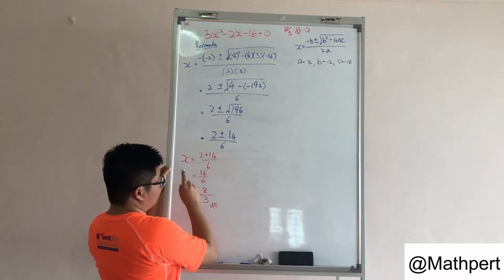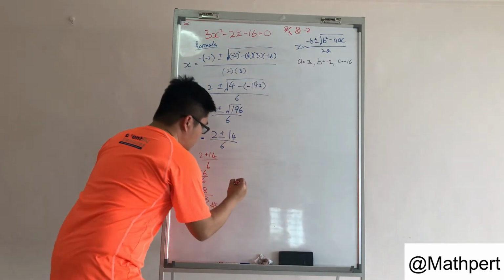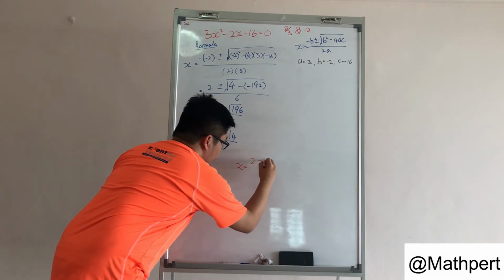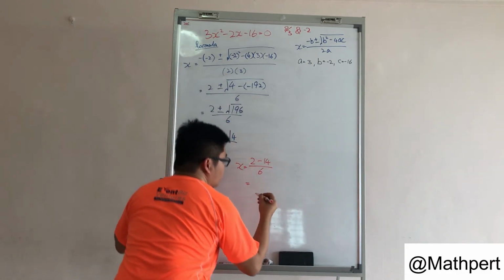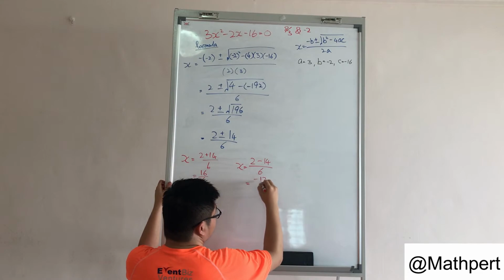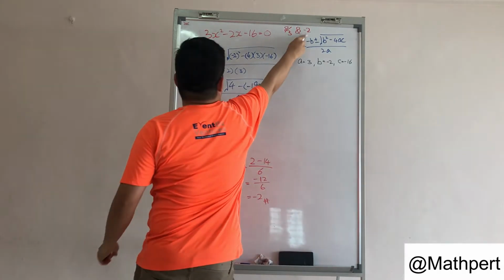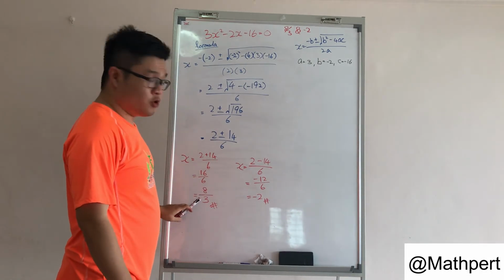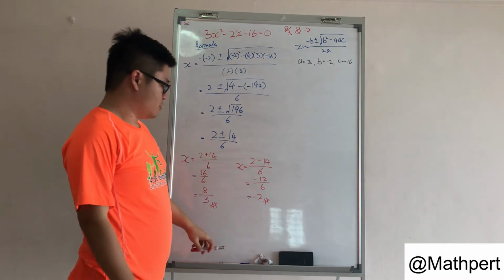So one of the roots is 8 over 3, which is 8 over 3 here. So another one is 2 minus 40 divided by 6. 2 minus 40 will be negative 12 over 6, which is also equals to -2. Same. So two roots from the formula method, 8 over 3 and -2.